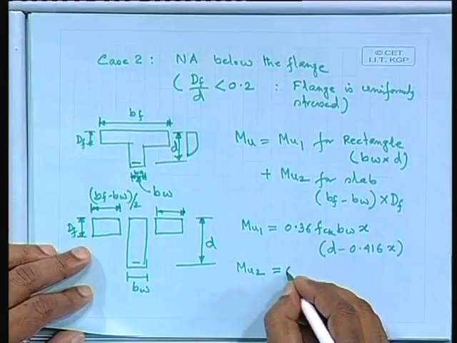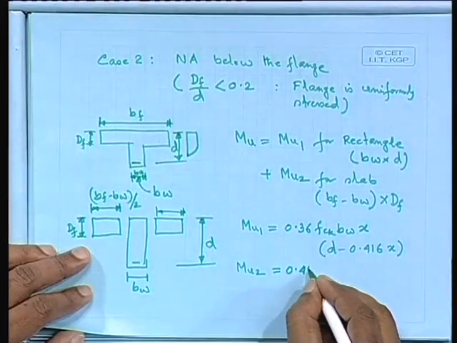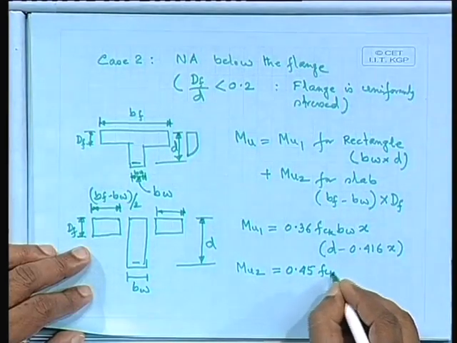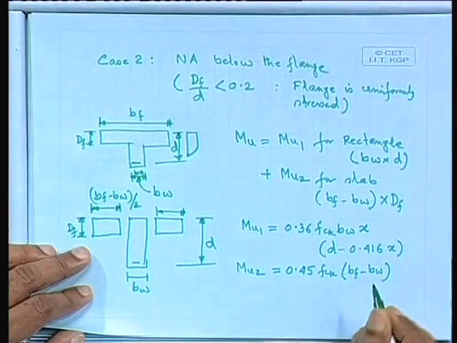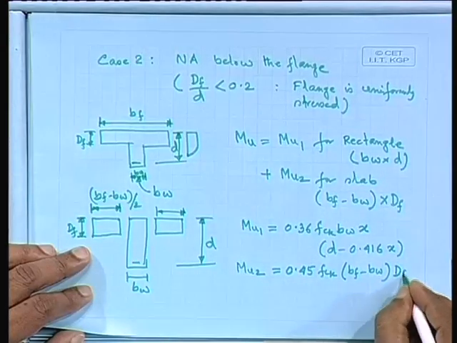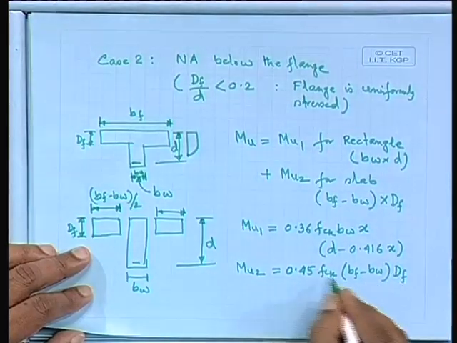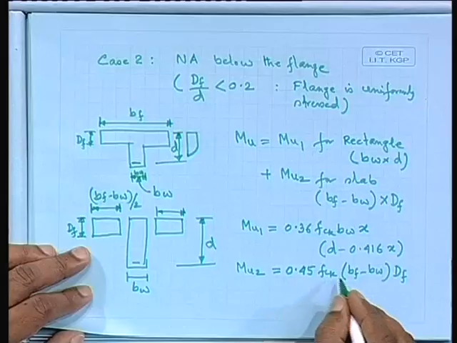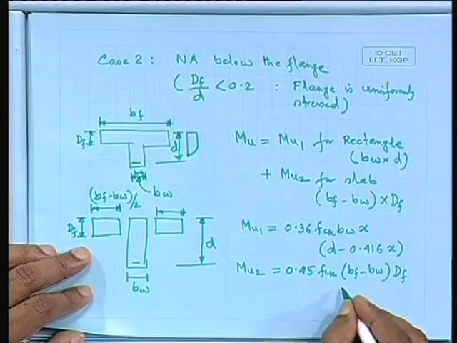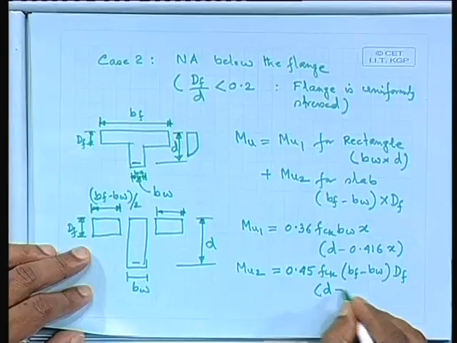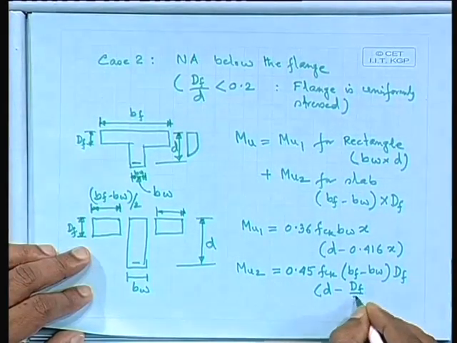Mu2 will be 0.45 fck times (bf minus bw) times df, this is the area times the stress, that is the force, times the lever arm, d minus df by 2.